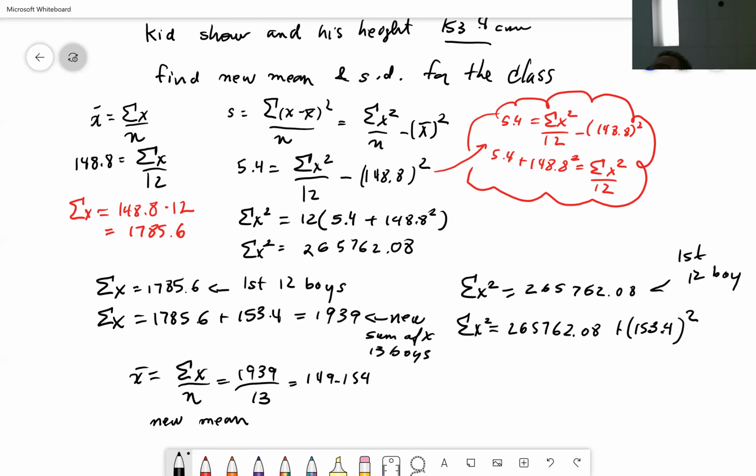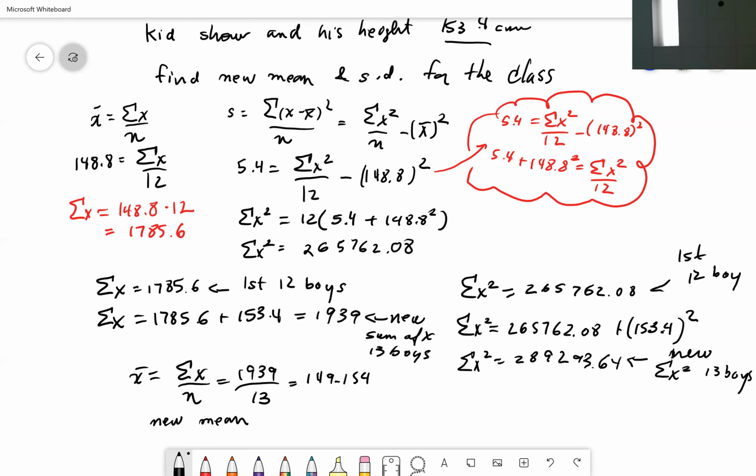So you have 267 something thousand. Sorry, 265,000. Let me erase this answer here. Okay. And you're going to add now 153.4, but squared. And so now you have that the sum of x squared must equal 289,293.64. This is now the new sum of x squared of the 13 boys.